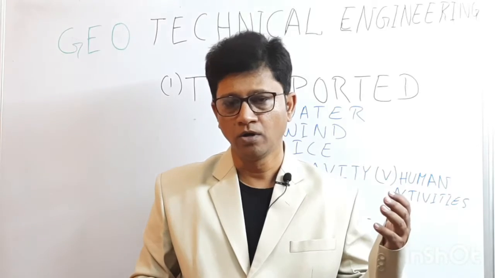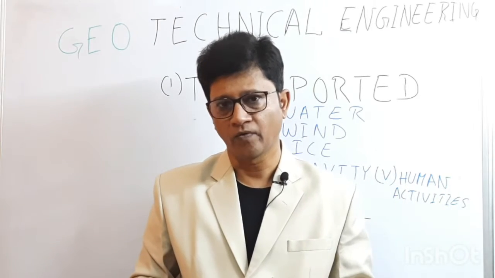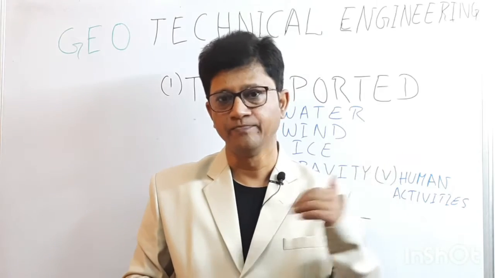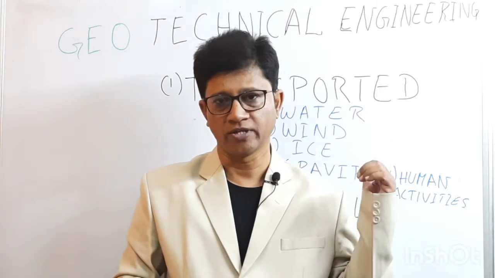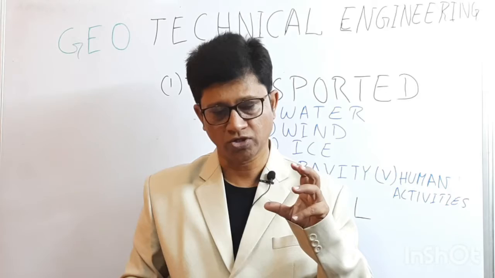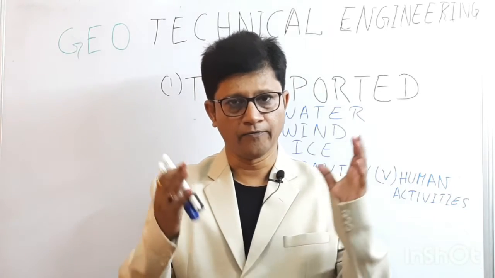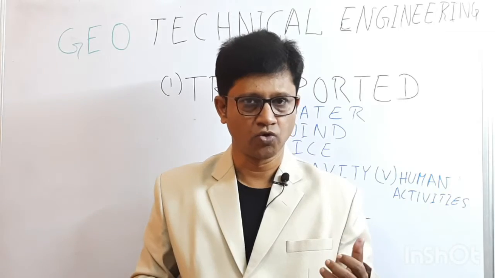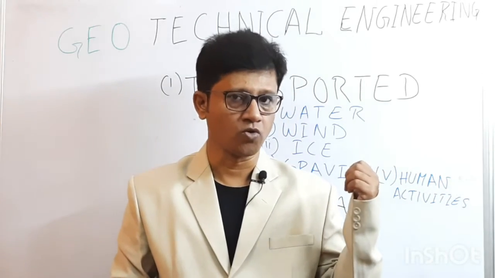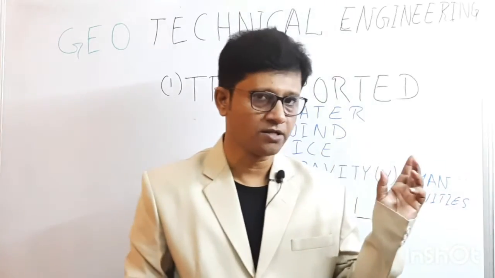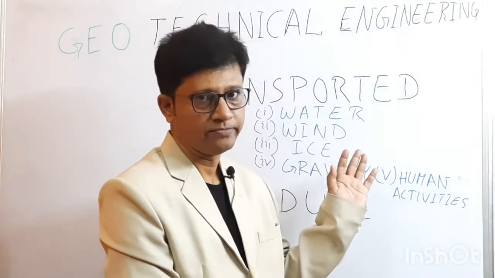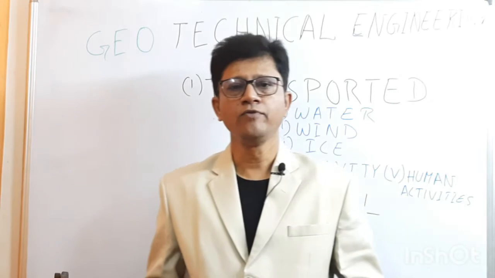And that is how, in areas where there is no surface water, ice plays an important role in transporting the rocks that are fragmented or distorted by means of weathering. So ice plays an important role as a carrier for transported soil.